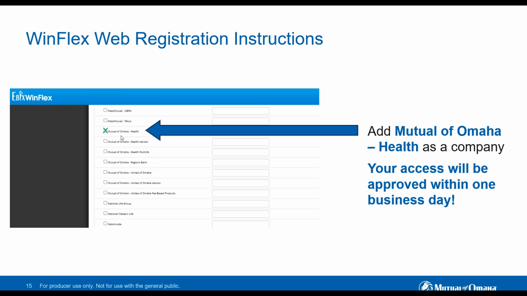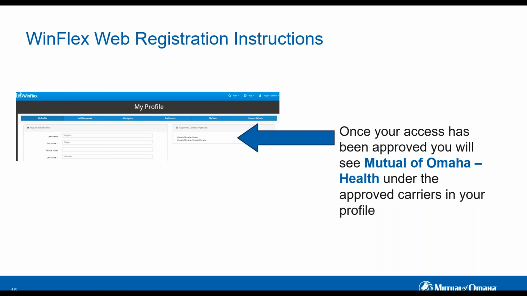It's important that you click on Mutual of Omaha Health. I'm showing you these screenshots because unfortunately I'm not able to register again to show you a sample of this. Hopefully this will give you an idea what to look for when you're registering for the first time on WinFlex Web.